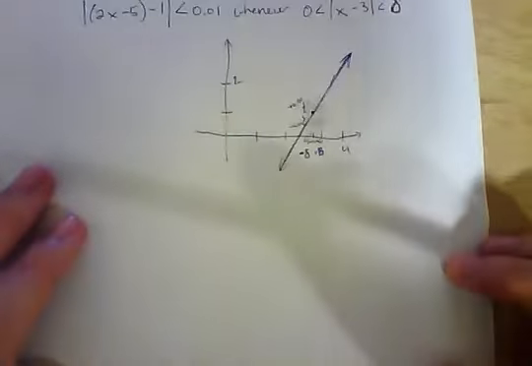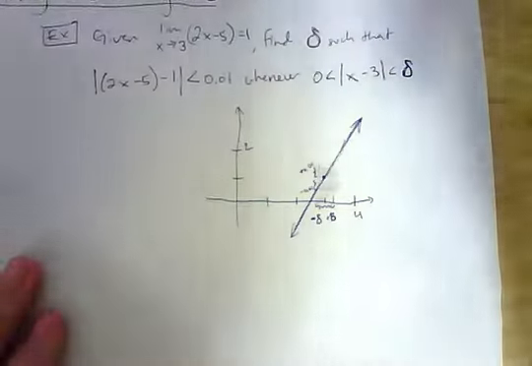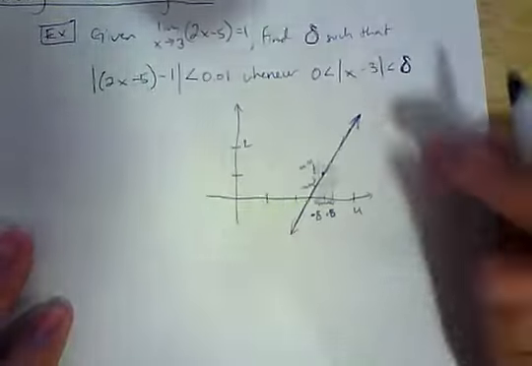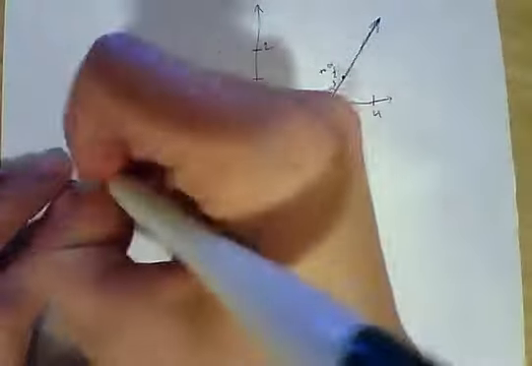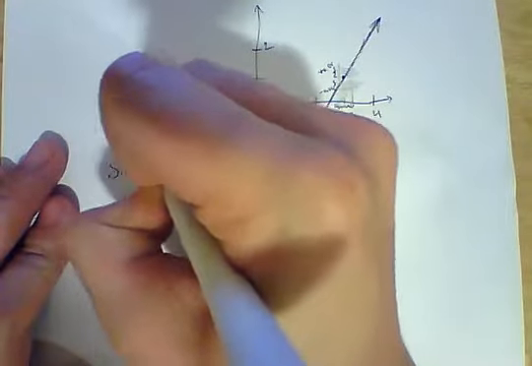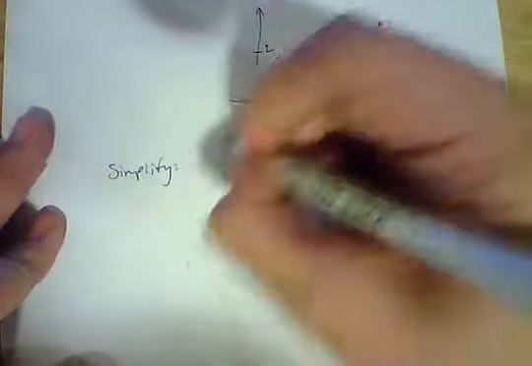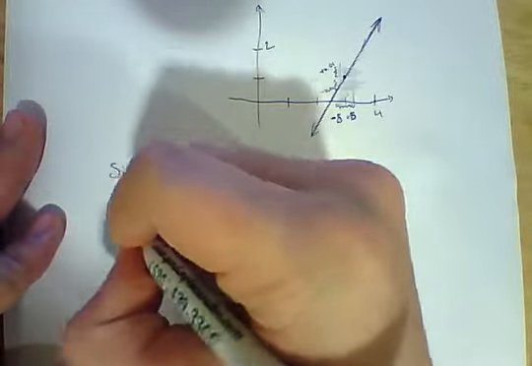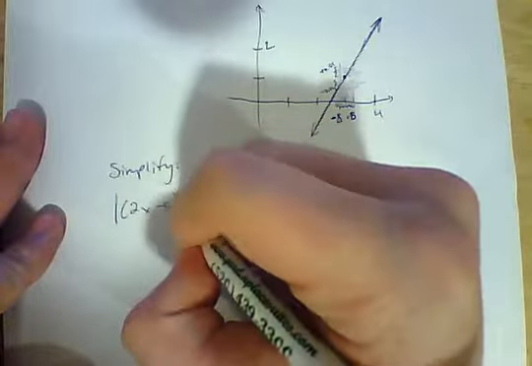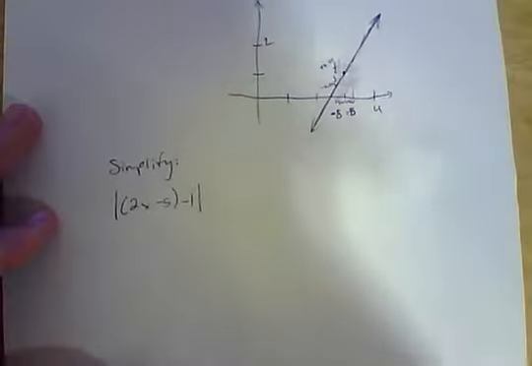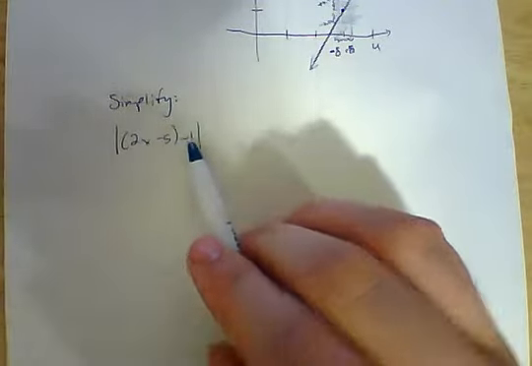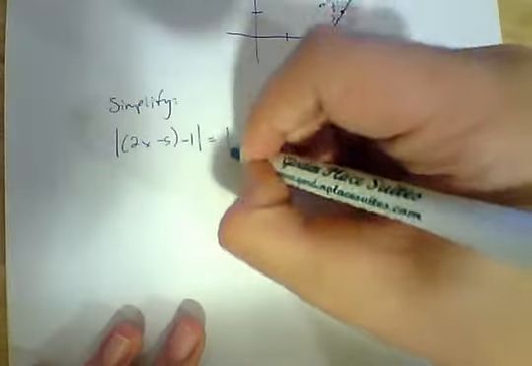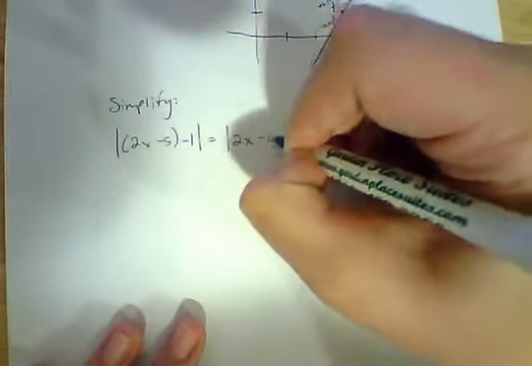Okay, and we can start to do this by simplifying this whole piece here. So what we're going to start off with is simplify 2x minus 5 minus 1. Here's the thing. Algebra tells us we can just subtract this negative 5 minus 1. And we can say that this is the same thing as the absolute value of 2x minus 6.